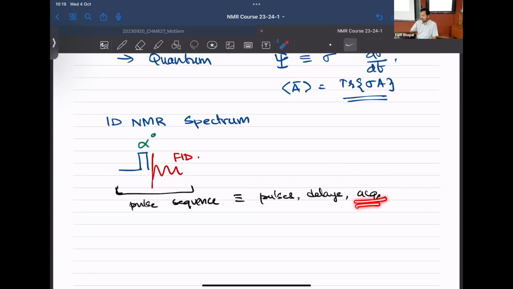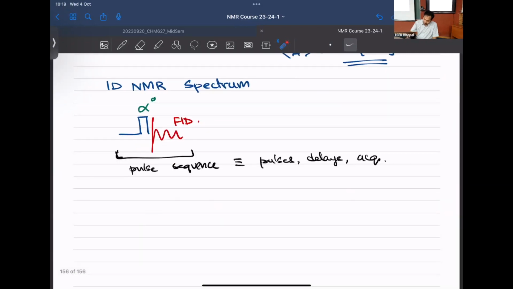When I say acquire, I actually mean, with the receiver coil, a direct detection of how you end up getting the trace of the density matrix to that given operator. And we have been talking about this operator as IX or IY. We will also start to see in reality how this measurement comes up. We will see the hardware aspects of it as well, hopefully this week or the next week.